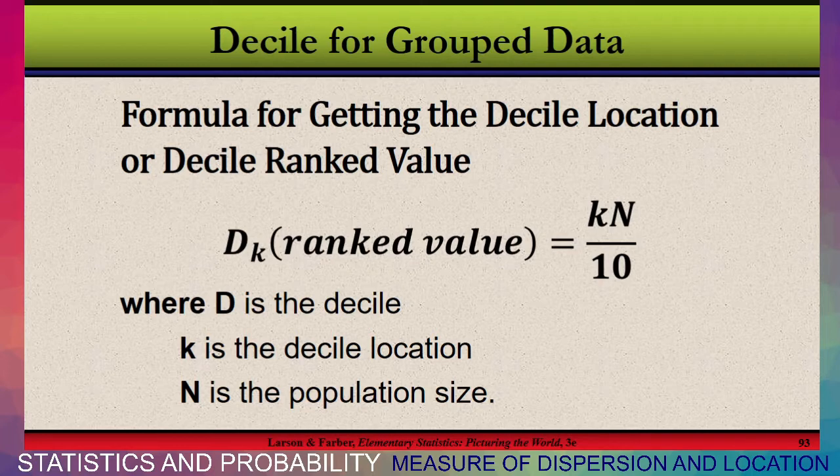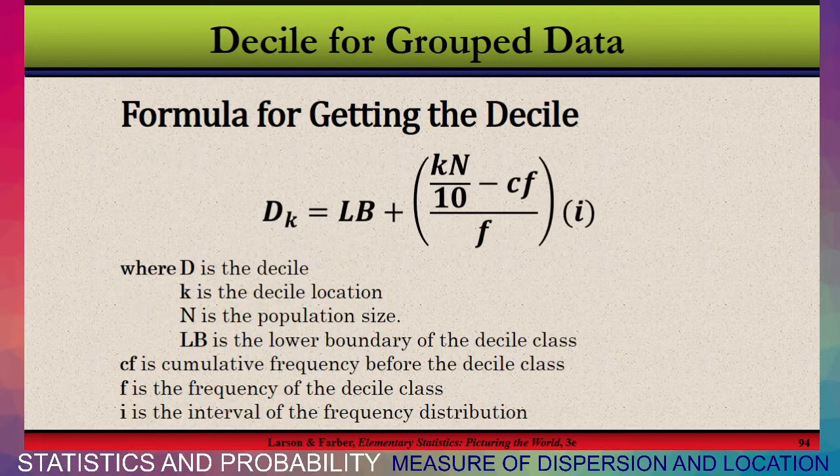So ito naman yung formula for getting the decile. D sub K is equals to LB plus the quantity of Kn over 10 minus CF all over F times the quantity of I. D is the decile, K is the decile location, N is the population size.